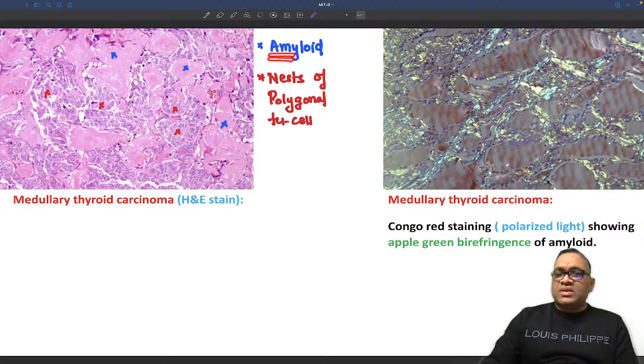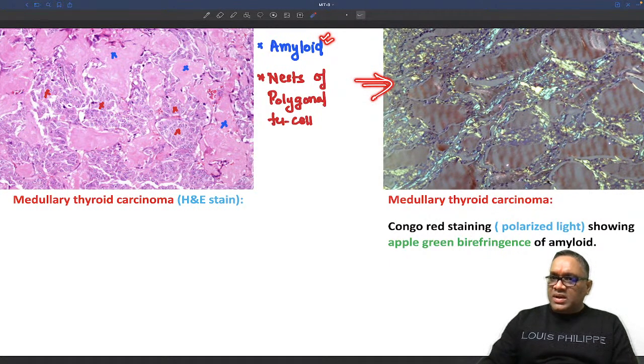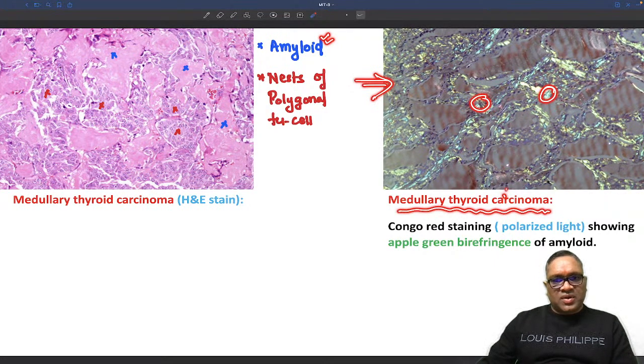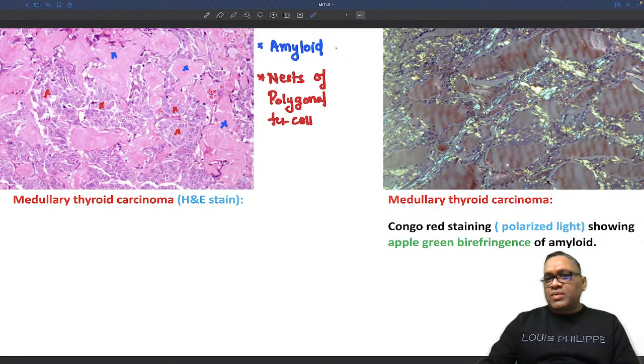So how are we going to identify this? How can we say that it is amyloid? We have to use Congo red staining and apple green birefringence. So apple green birefringence will confirm the diagnosis of medullary carcinoma of thyroid, right? So Congo red staining, polarized light microscopy, and apple green birefringence of amyloid will confirm the diagnosis of medullary carcinoma of the thyroid. So what is amyloid? Amyloid is made up of altered calcitonin.